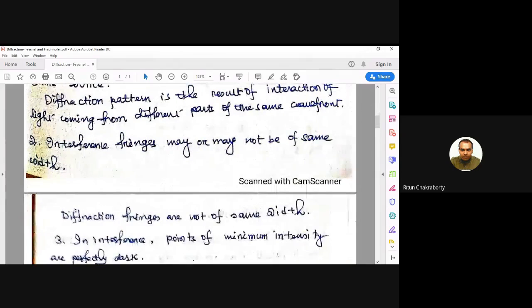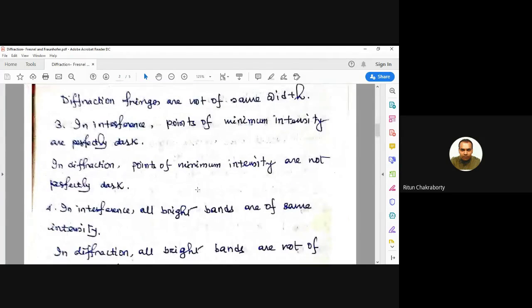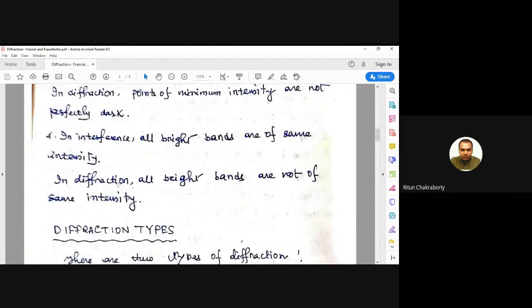Okay. So second one is interference fringes may or may not be of same width, but diffraction fringes are always of different width. In interference, points of minimum intensity are perfectly dark, but in diffraction, points of minimum intensity are not perfectly dark.